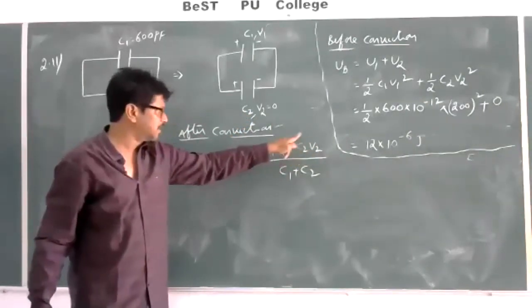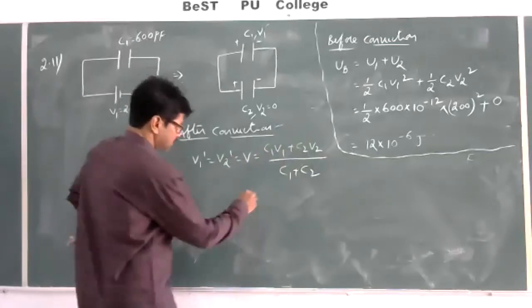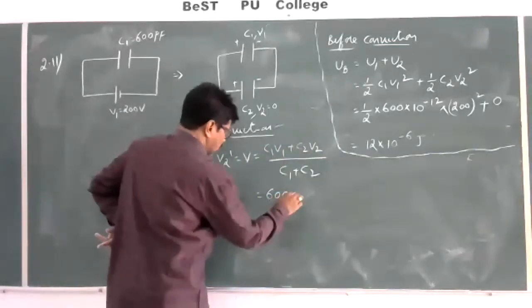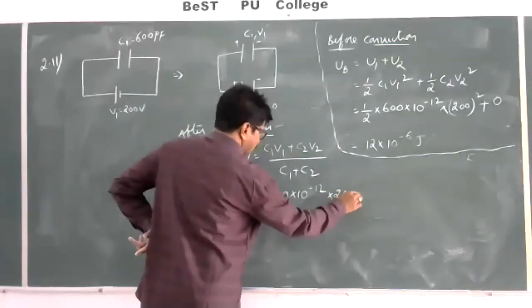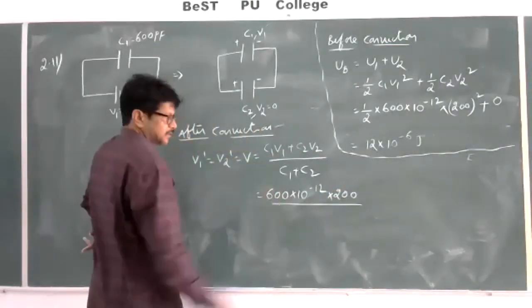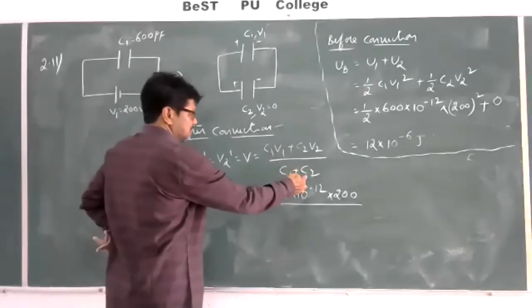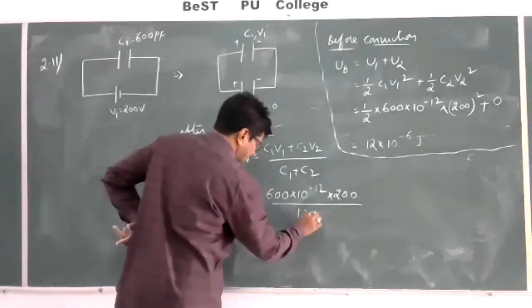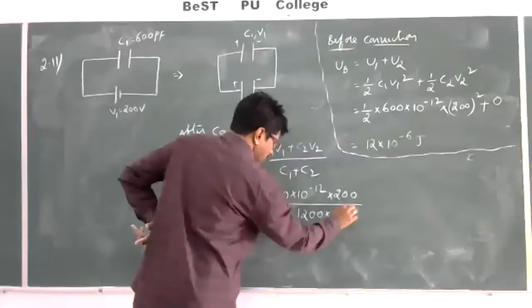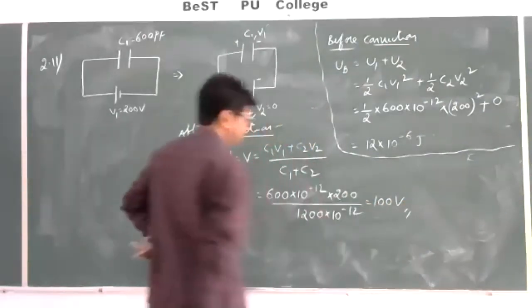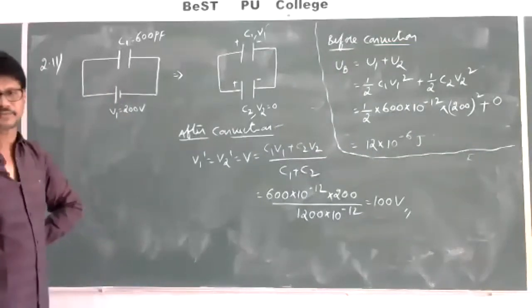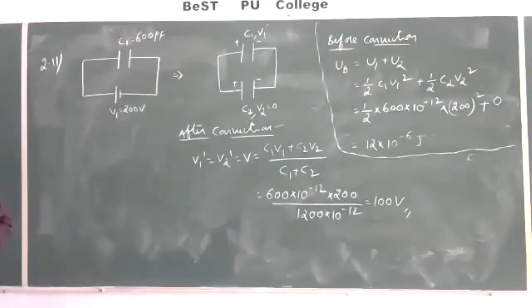This entire term will be 0. So 600 pico into 200 divided by 1200 pico, which is equal to 100 volts. After connection, the common potential is 100 volts.